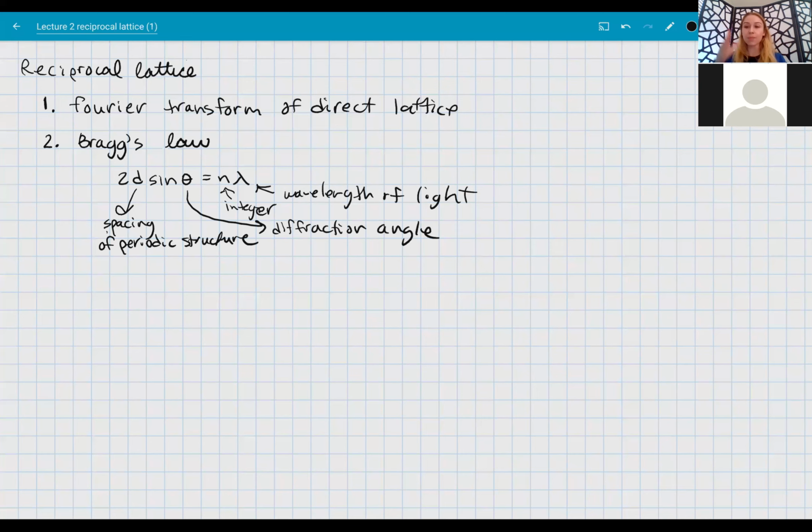So D is a micron for this diffraction grating. And typically, D will need to be comparable to lambda to achieve diffraction. The wavelength of visible light is on the order of 300 to 700 nanometers. So this is comparable to a micron.